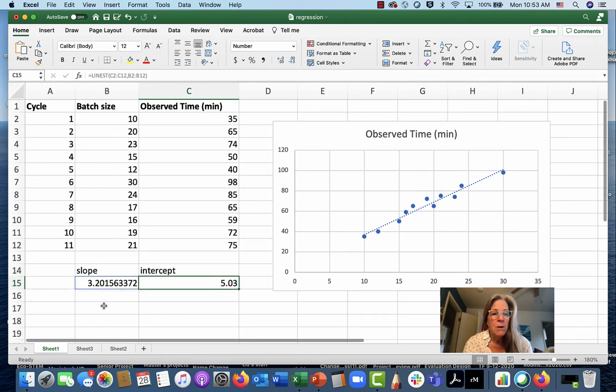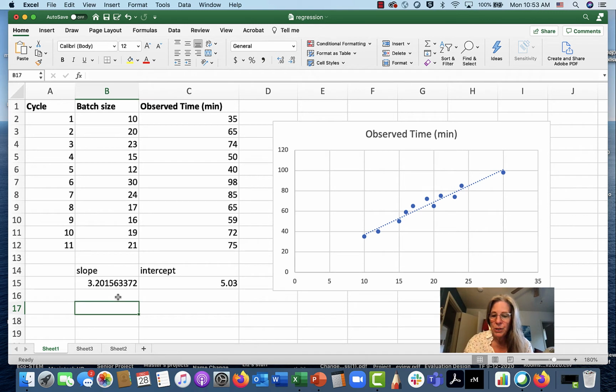So I know now that the equation is such that the observed time is equal to 5.03 plus 3.20 times the batch size. So that's my equation that I got from these values.